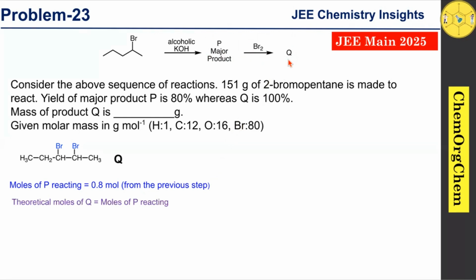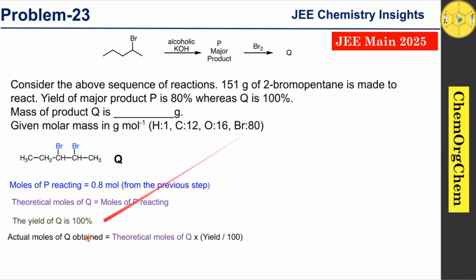So in order to calculate the actual moles of Q produced, here you can see that Q is 100% yield. So therefore the actual moles of Q obtained in this reaction is theoretical moles of Q multiplied by yield divided by 100.